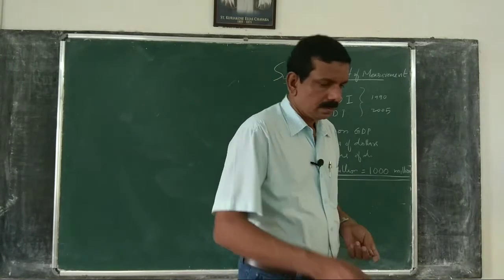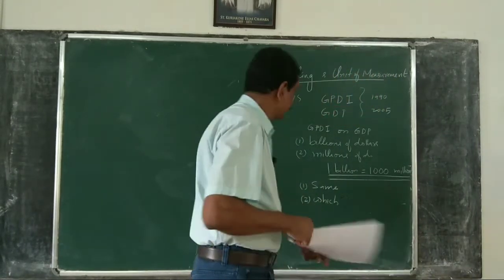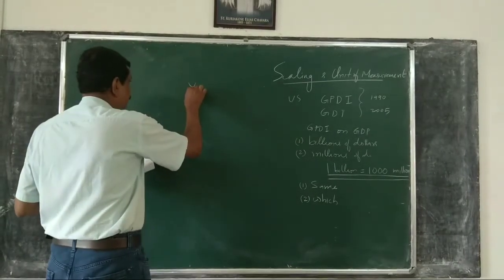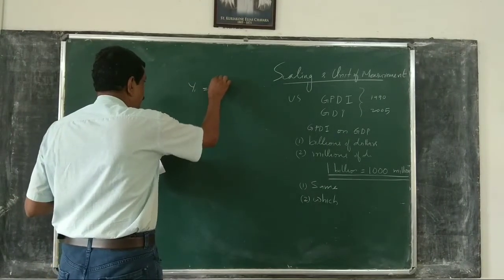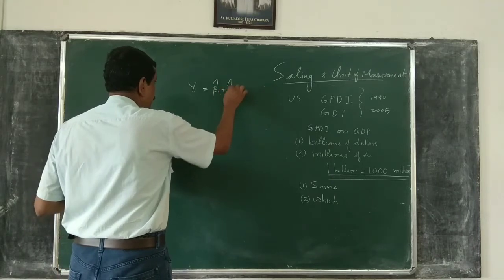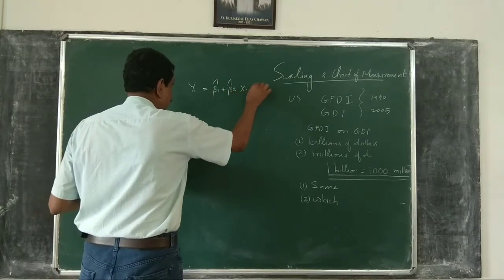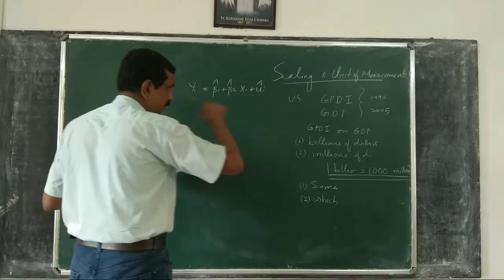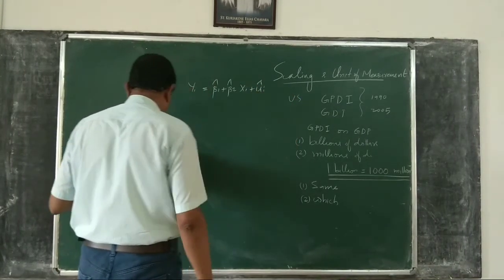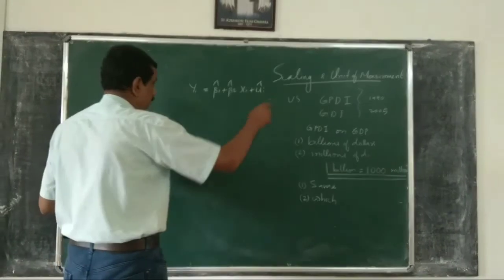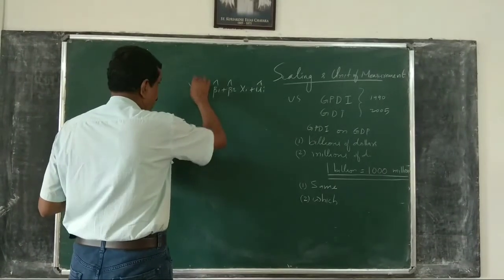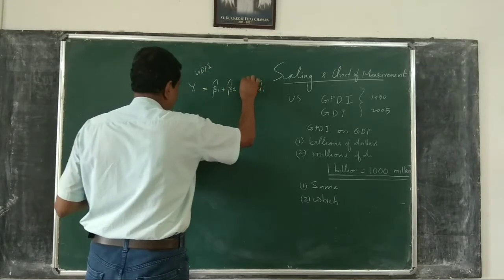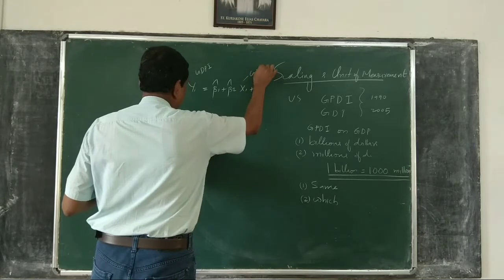So, let us consider a regression model as yi equals beta 1 hat plus beta 2 hat xi plus u hat, where yi is GPDI, xi is GDP. yi is gross domestic private investment. This is GDP.